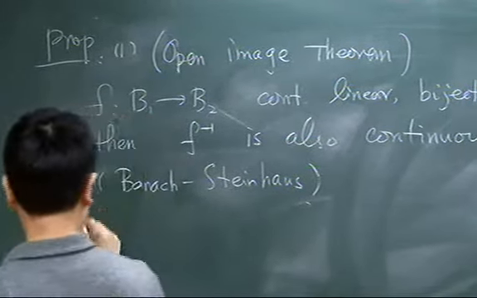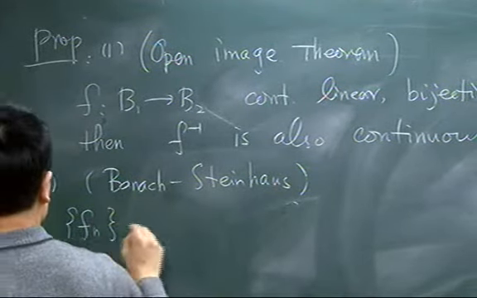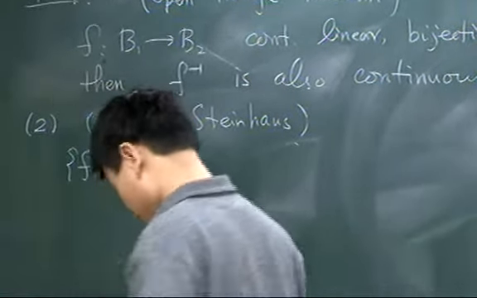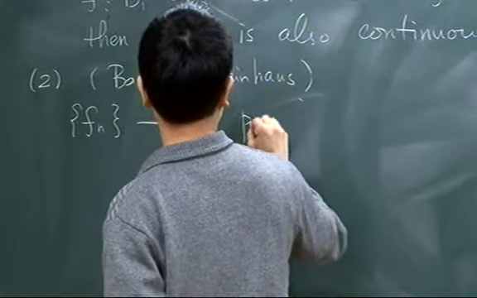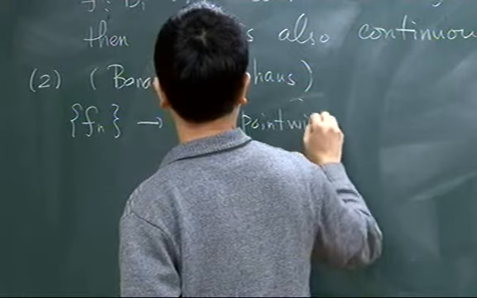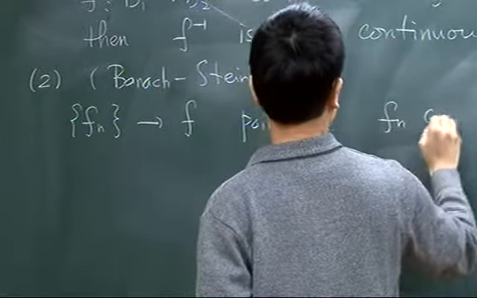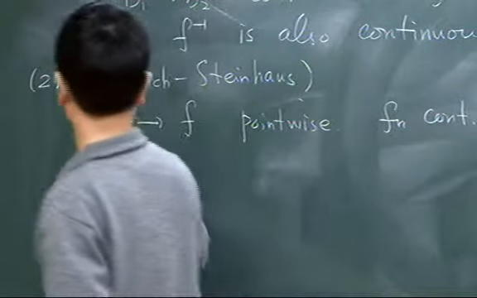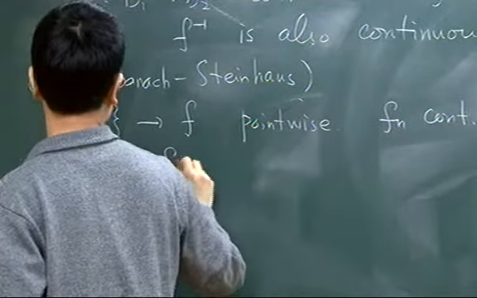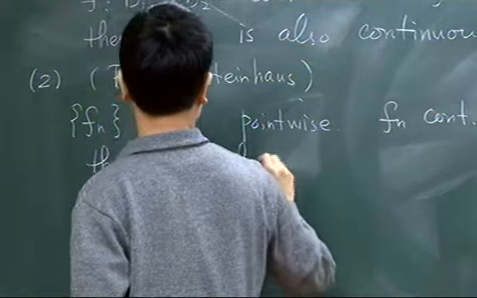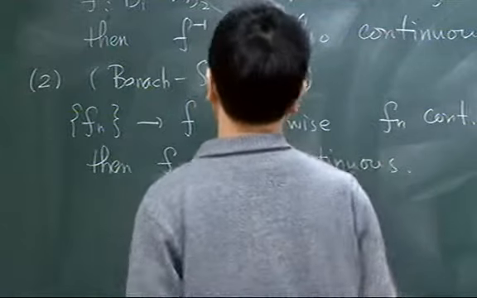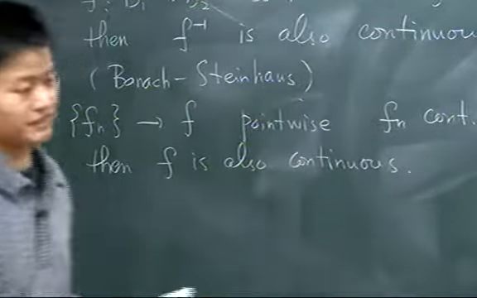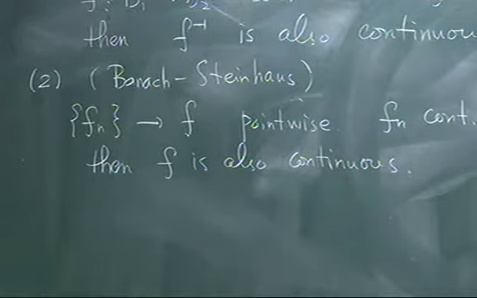It says that if you have f_n, and it goes to f pointwise, and each f_n is continuous, then f is also continuous. So these are classical theorems from Banach space that are still true in this setting.